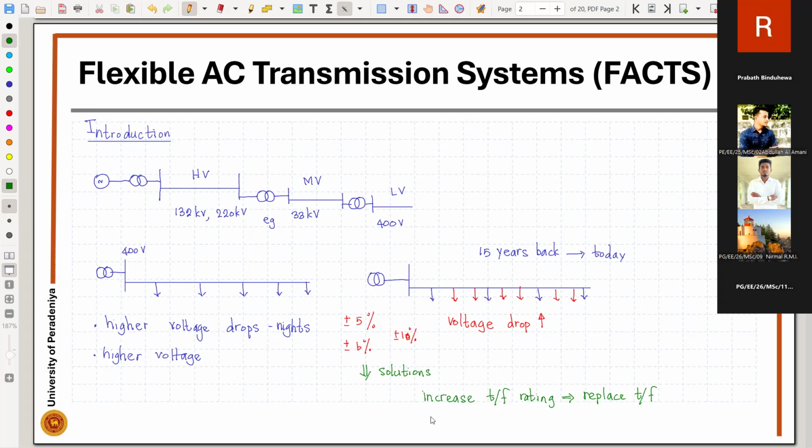Okay, so that means change the distribution line. Now, we can also change the tap position of the transformer, can we? Yes, we can change the tap position.